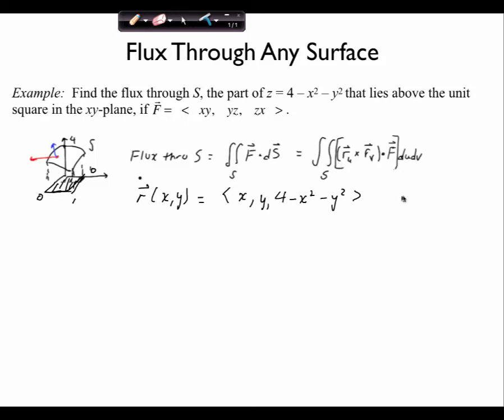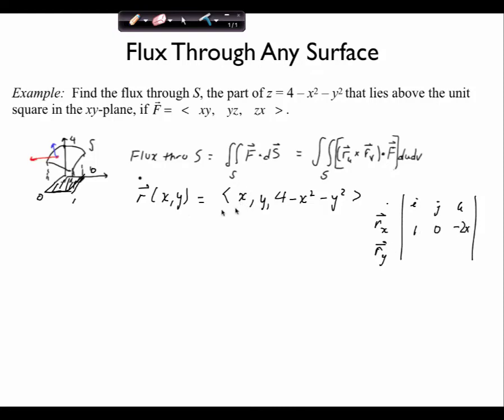We're going to find the cross product of Rx, Ry. So we do i, j, k, partial of R with respect to X, partial of R with respect to Y. What's the partial of R with respect to X? 1, 0, negative 2x.